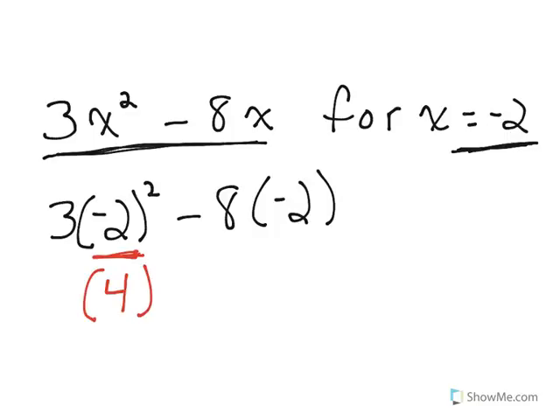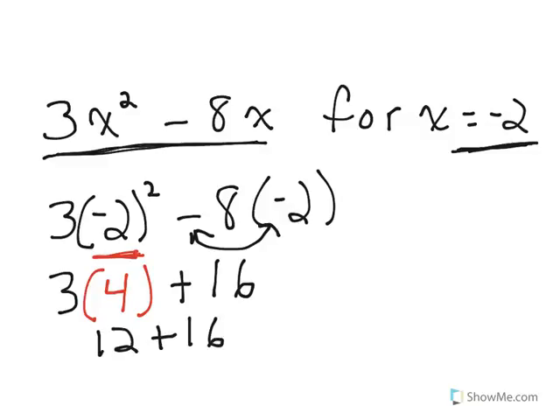So we now have 3 times positive 4 minus 8 times negative 2. Negative times a negative is positive, so we put plus 16. 3 times 4 is 12, plus 16 equals 28.